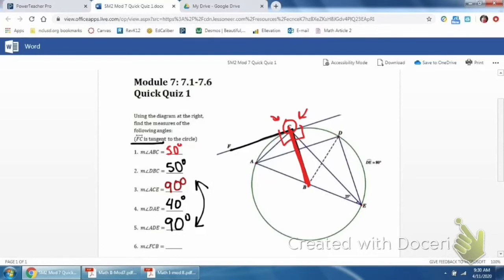Again, we have a line that touches a circle at exactly one point. If you take that one point and connect it to the middle, it's always going to be 90-degree angles. You might remember some stuff about doing perpendicular bisectors in Math 1. Kind of goes back to that.